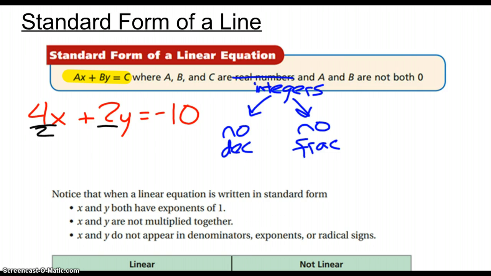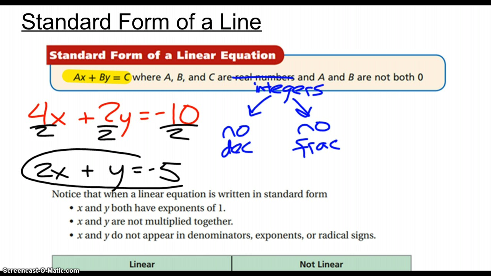So if I divide this by 2, this by 2, and this by 2, I could rewrite this as 2x plus 1y, or just y, equals negative 5. This would be the best form of standard form that we could have, because a, b, and c cannot be simplified any further. They don't have a common factor. Whereas in the red equation, they had a common factor of 2 that I could divide them each by. So the circled answer is the best form of standard form that we can get.